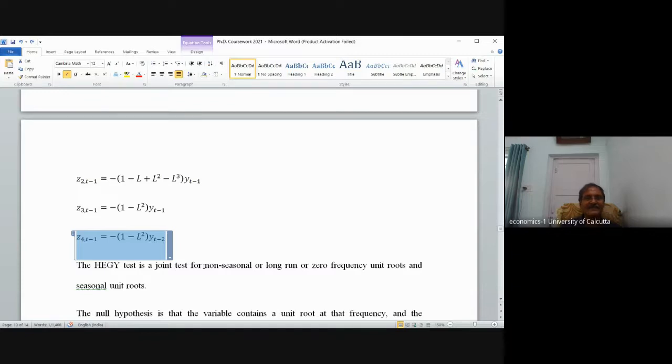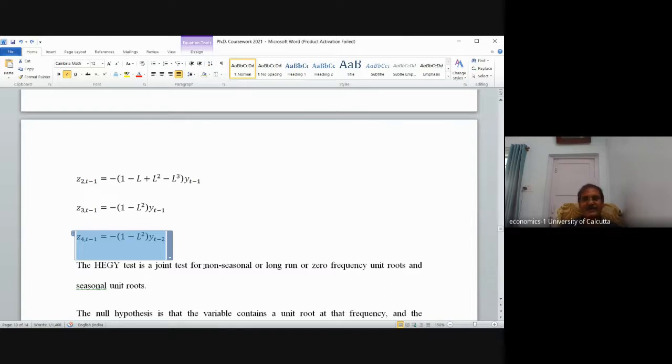Now the HEGY test is basically a joint test for both non-seasonal and seasonal unit roots. Presence of non-seasonal unit roots indicates the zero frequency unit roots. Zero frequency means there is no frequency within the year, so it appears on annual basis. So it is basically equivalent to the annual movement. And the seasonal unit roots.